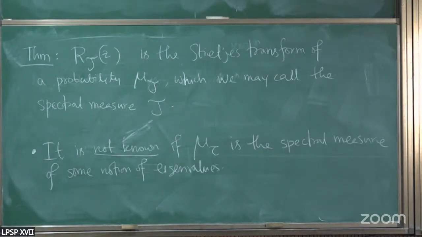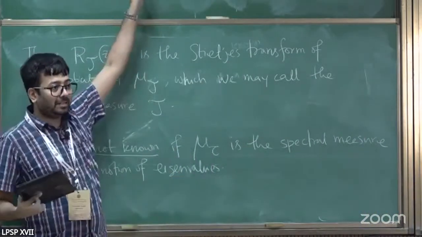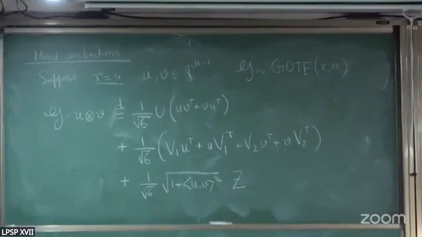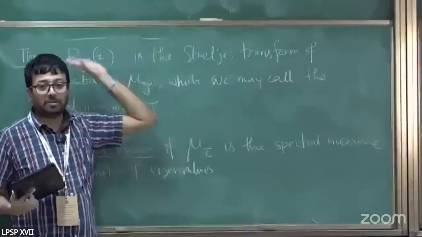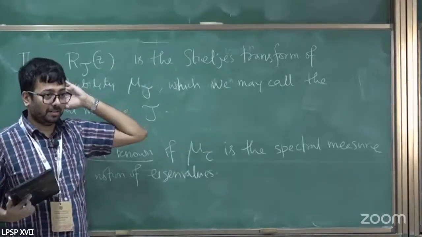But you can ask this question, and at least this part has been proved: if you take those GOE tensors we looked at, consider the spectral measure in this sense of those GOE tensors, and let n go to infinity, that will converge to a probability measure which is a generalization of the semicircle law. Okay?